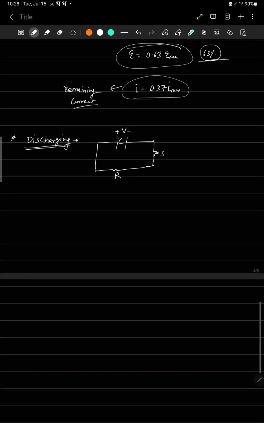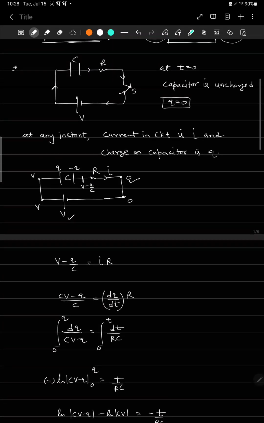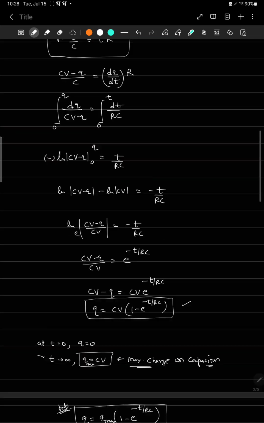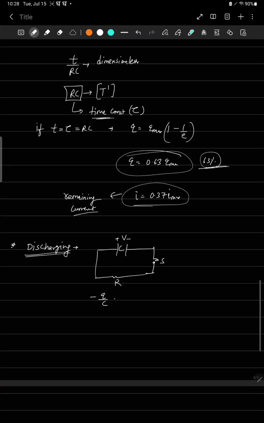There's only one thing which will change in the equation which we wrote here: there is no V. If there is no battery, there is no V. So I'll put V equal to 0 and write minus Q by C equal to IR. Everything else is going to be the same.